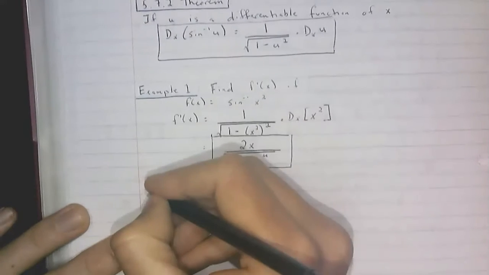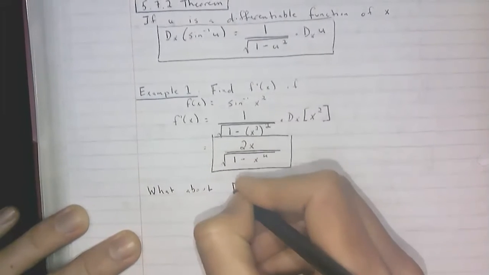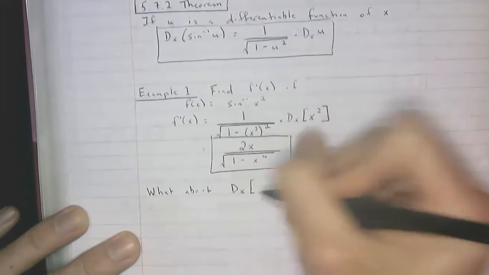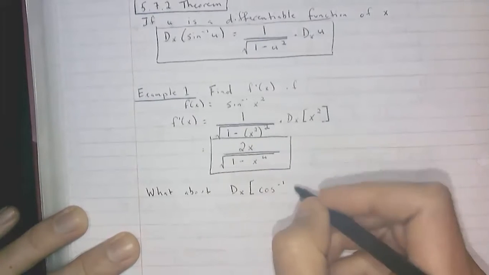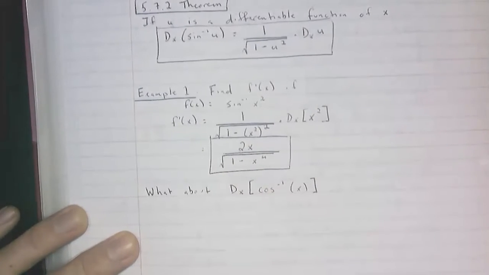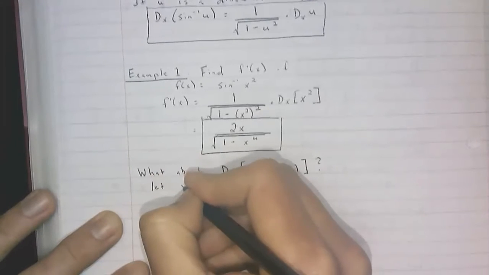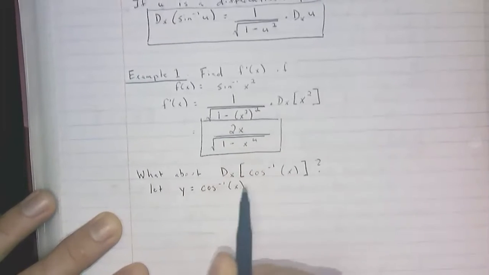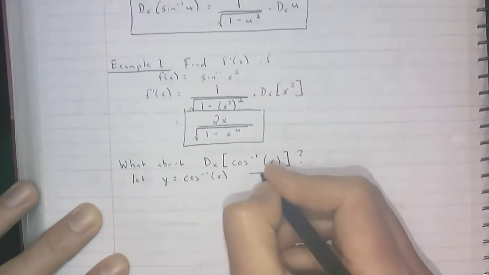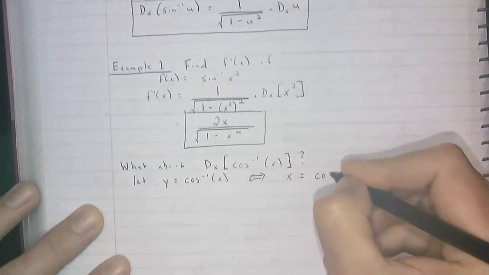What about d/dx of inverse cosine? Well, if we let y equal the inverse cosine of x, this will be true if and only if x in turn is equal to the cosine of y.